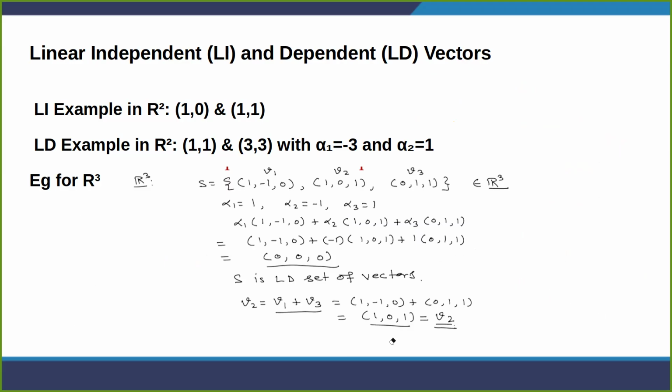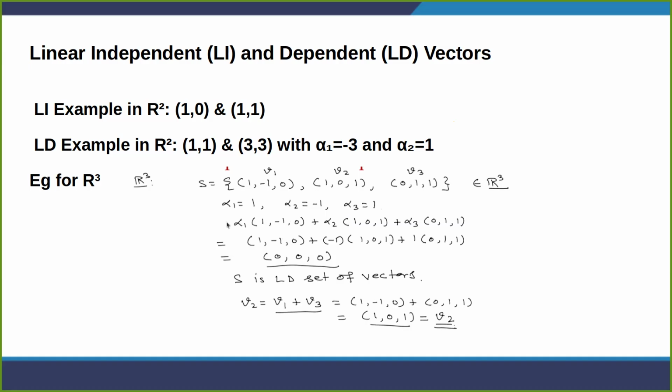Let's do this for R3. These are vectors in a 3-dimensional space, with three components such as 1, minus 1, 0. The alpha values are given: alpha 1 equals 1, alpha 2 equals minus 1, alpha 3 equals 1. We put these in the equation.